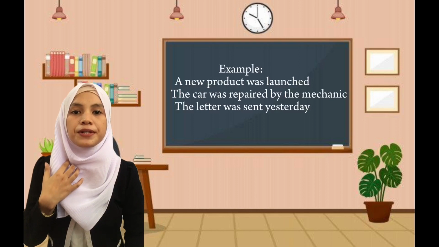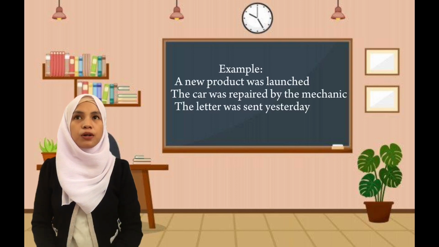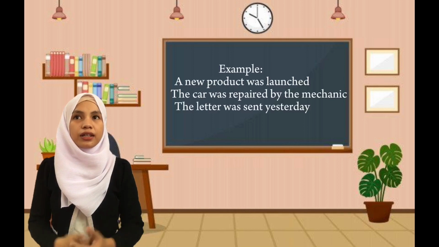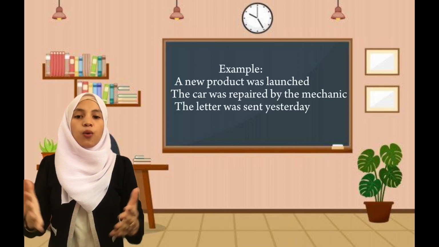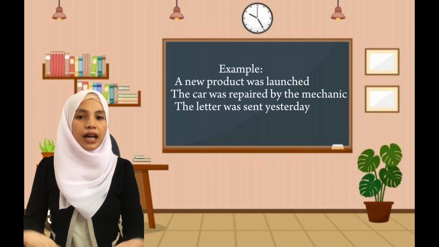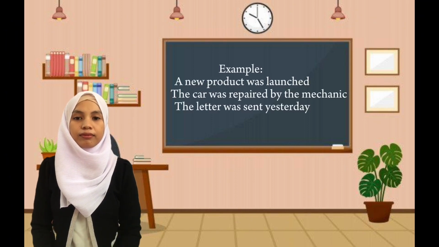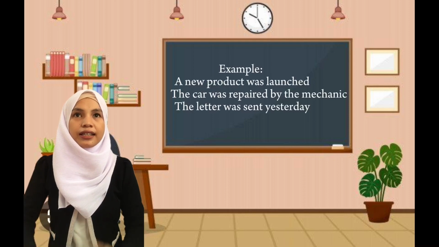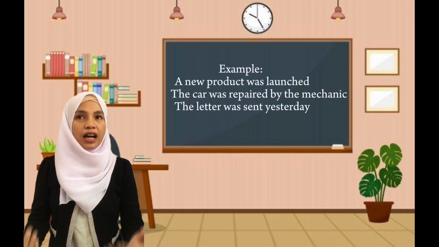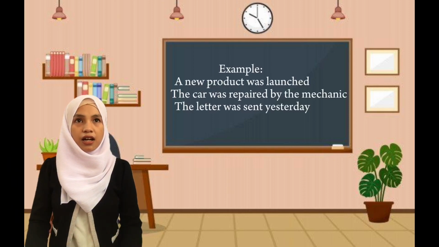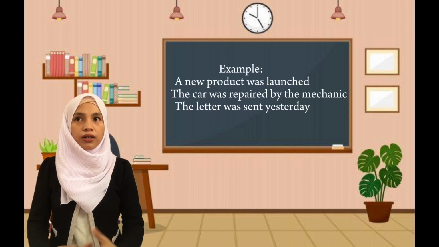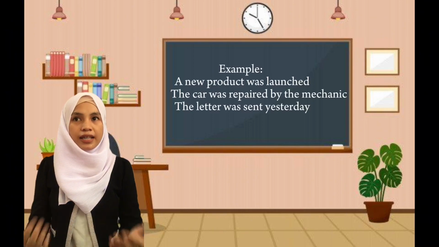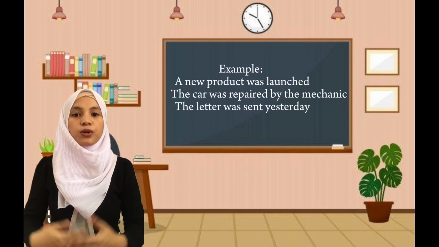Let's proceed to the number 3 example. The letter was sent yesterday. Where do you think is the subject, class? Okay, very good. The subject here is the letter and it is not actively sending itself, and the focus is on the fact that the letter was sent without specifying who sent it.